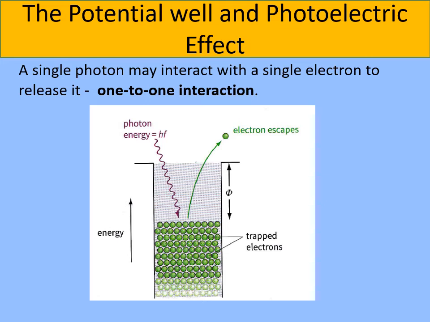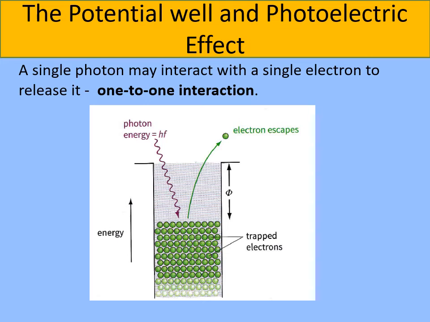Now, since the energy of a photon is dependent on its frequency, if the frequency of the photon is too low, the intensity of the light or the number of photons per second doesn't matter, as one photon delivers its energy to a single surface electron in that one-to-one interaction. If the photon doesn't carry enough energy on its own to liberate an electron, the number of photons makes no difference, as its frequency is just too low.